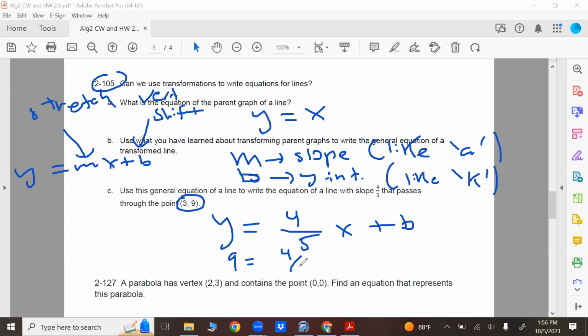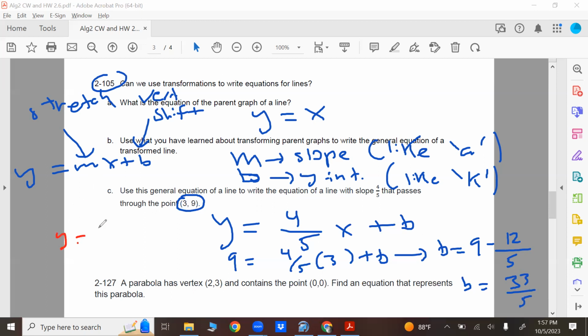Yeah, or you can just do that too. Which should be 33/5, I think. Yeah, so y equals 4/5 x plus 33/5.